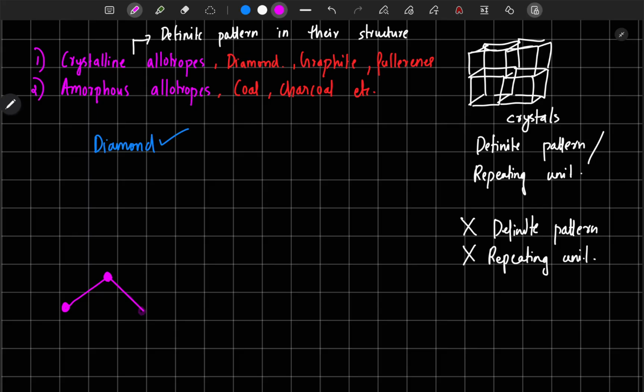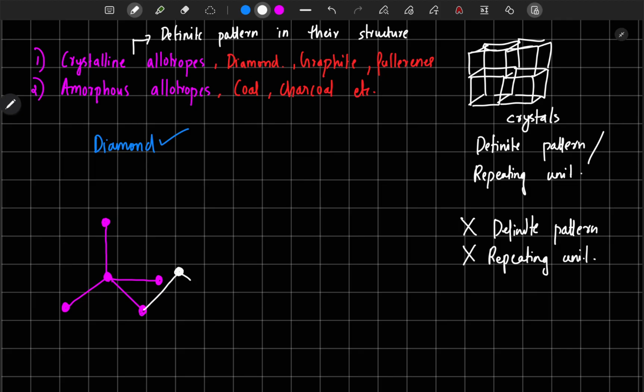So this is the second carbon, this is the third carbon, and it's attached to one more carbon here. Now the next carbon comes, so it will be attached like this.